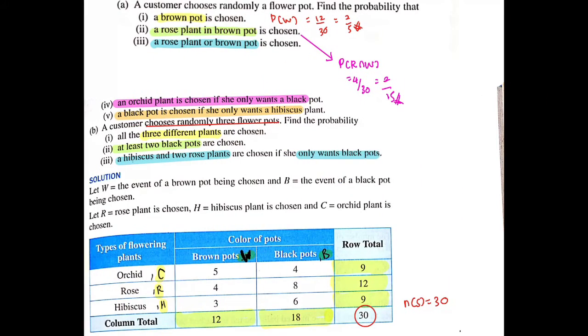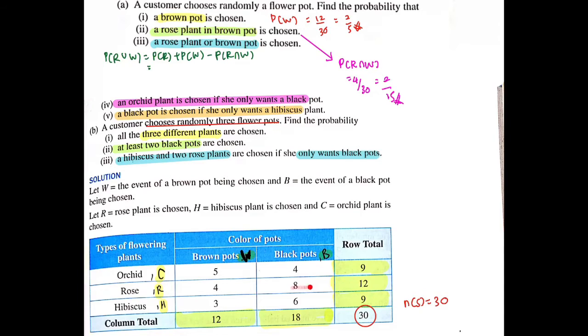Now let us see part 3. A rose plant or brown pot is chosen. Let's write a rose plant or brown pot. Okay, so "or" is the symbol for union. Let's open up the formula: P(R) plus P(W) minus P(R intersect W). Let's find P(R) first.